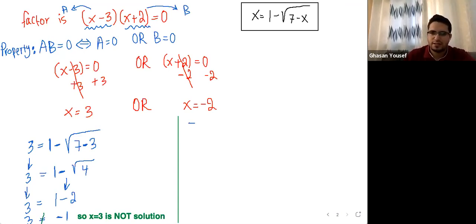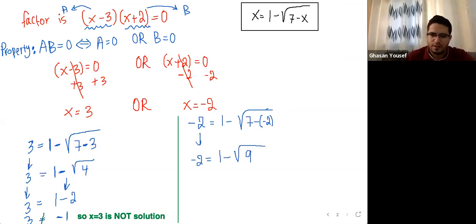So here x is -2, equal 1 minus the square root of 7 minus -2. Now 7 minus -2 is 9. Now I get again -2 equal 1 minus the square root of 9, which is 3.